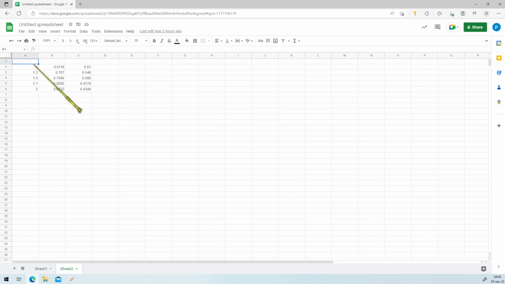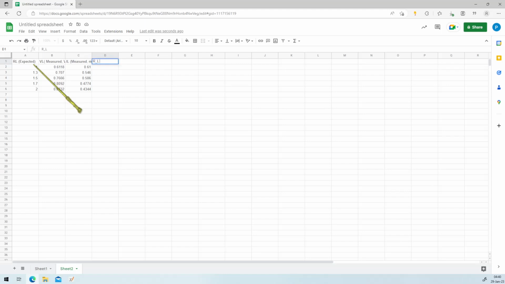The first one is the expected resistance RL, and then this is VL measured in volts, and IL measured in milliamps.